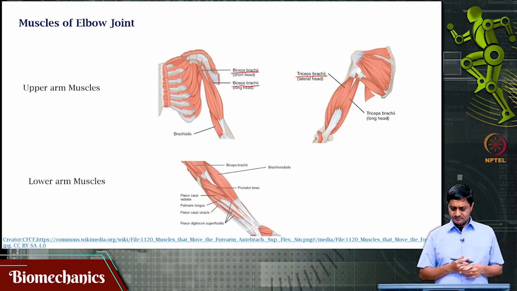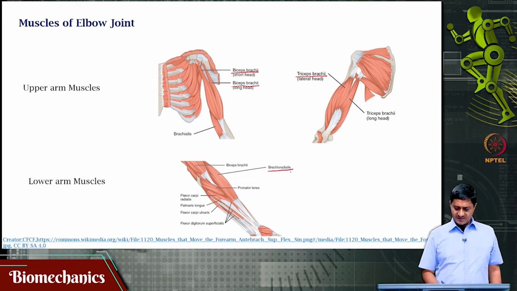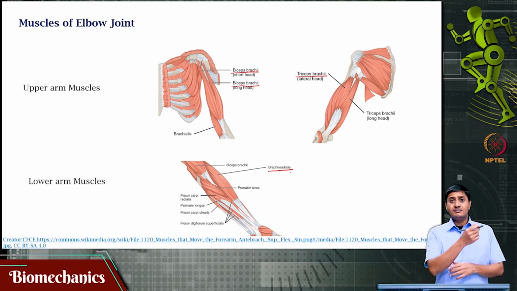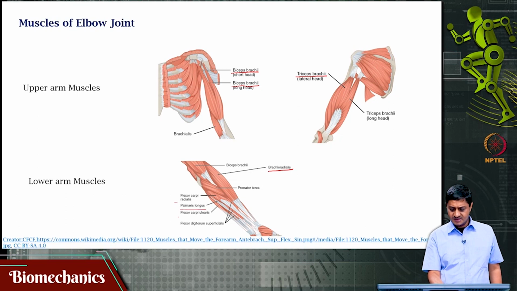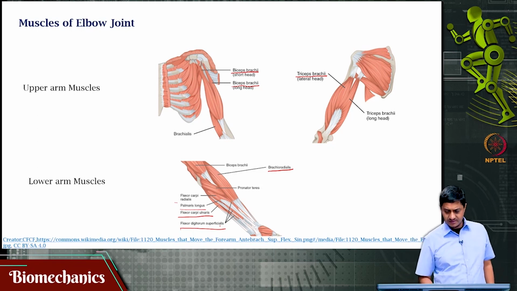Then there is the brachioradialis. There is the brachialis, not shown in this picture. And then there are muscles in the forearm or the lower arm. These are flexor carpi radialis, palmaris longus, flexor carpi ulnaris, flexor digitorum superficialis, and then there is the pronator teres.